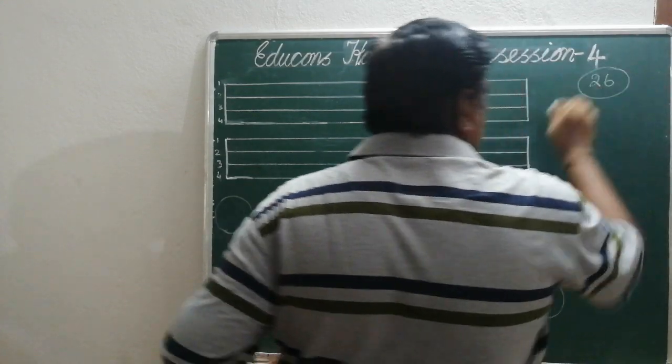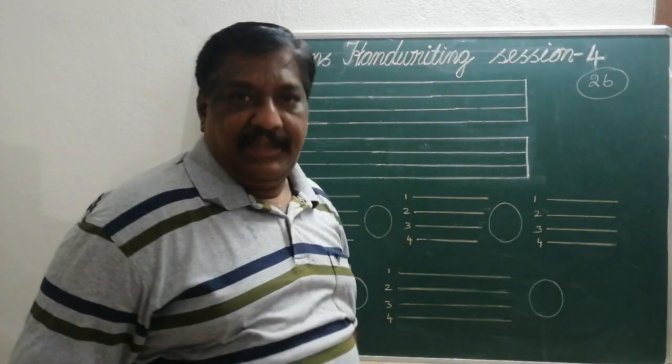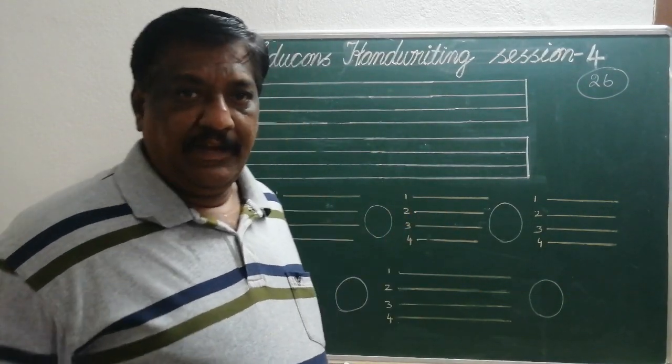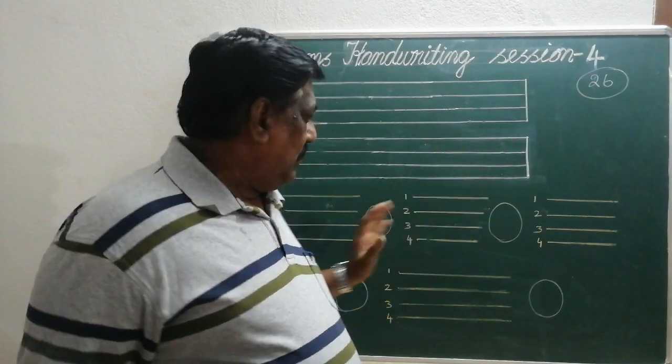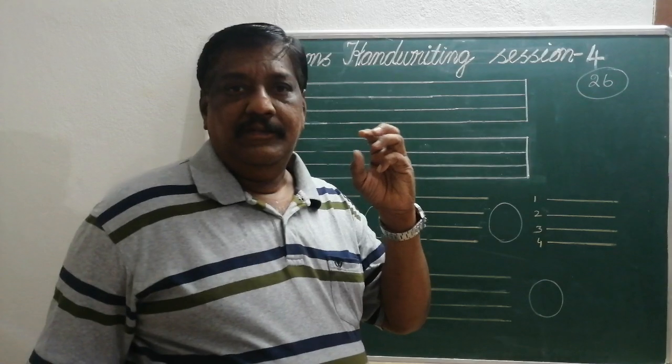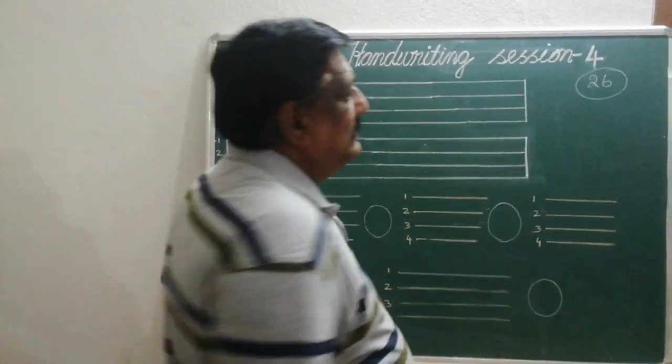Out of these 26 alphabets, they are beautifully arranged. We did nothing, it is already there. When we observe that arrangement, we get four different groups, right?